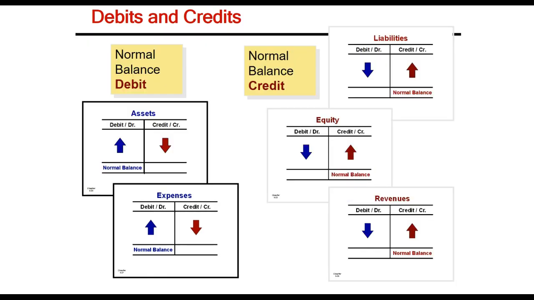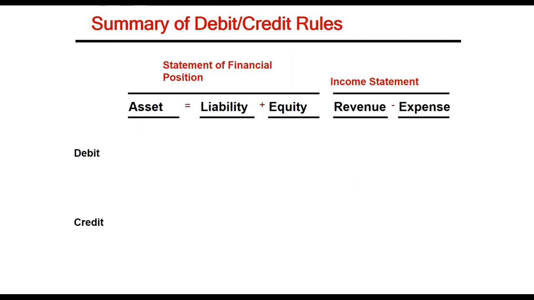So here are the rules. Assets increase on the left, decrease on the right. Expenses increase on the left. Liabilities increase on the right, decrease on the left. Equity increases on the right, decreases on the left. Revenues only go up, so they'll increase on the right.